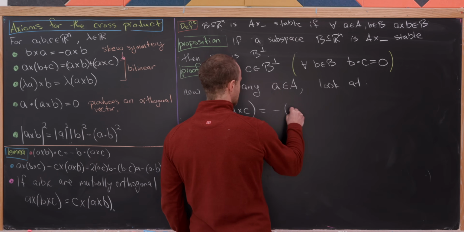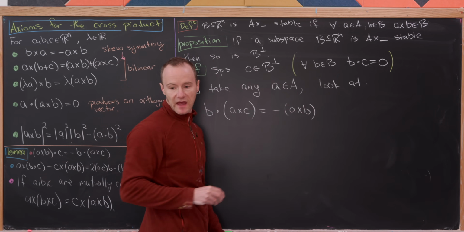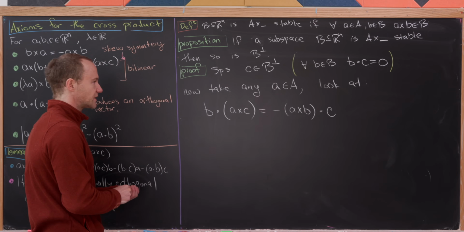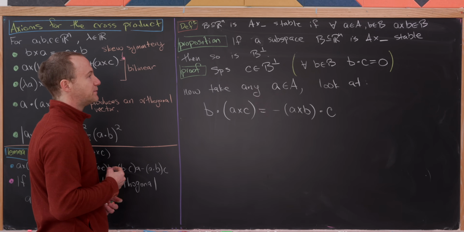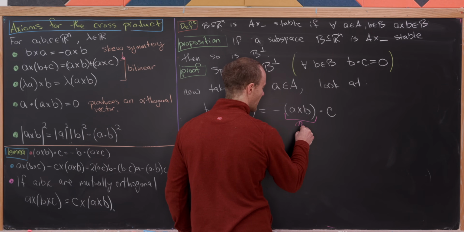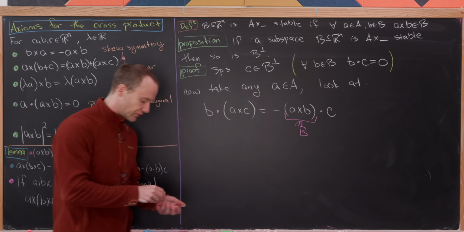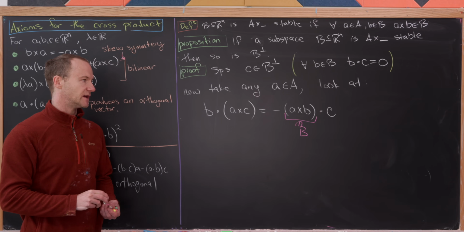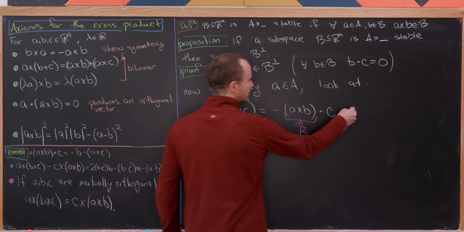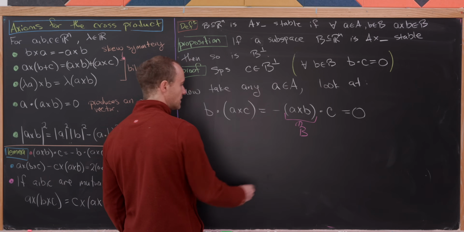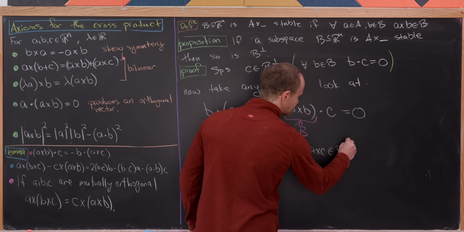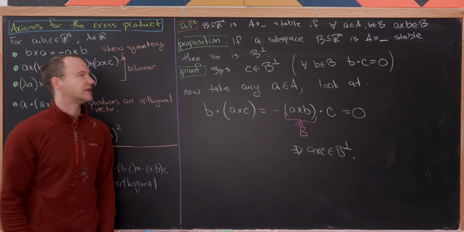This is minus A cross b, and then this is going to be dotted into C. But observe that we assumed that B was A cross stable, but that means that A cross b is inside of B. But then if you dot anything inside of B with C, you get 0 because C is in the orthogonal complement of B. So here you get that this whole thing is equal to 0, but that's exactly what we need for A cross C to be inside of that orthogonal complement, finishing this proof.